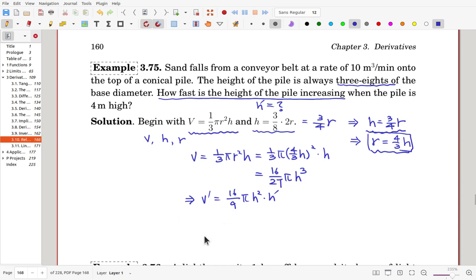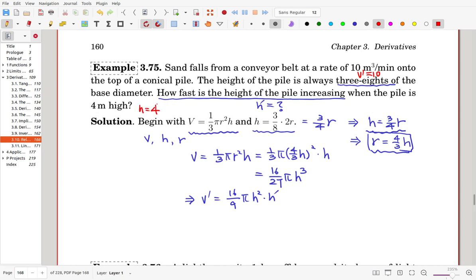So we need the values of V prime and h, and already we have V prime is 10. Now the last moment, when the pile is 4 meters high, that means h is 4.